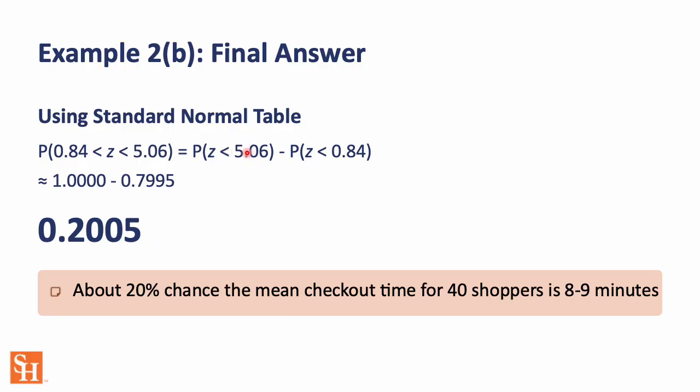Then this probability is approximately 1 and this probability is 0.7995. Therefore the final probability is 0.2005. That means there is about a 20% chance that the mean checkout time for 40 shoppers is in between 8 to 9 minutes, right?